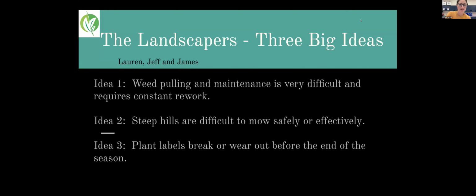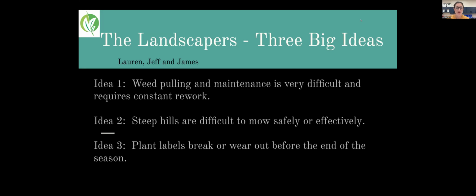Okay, I can share. So our ideas were weed pulling and maintenance is very difficult and requires constant rework, not getting the entire root, weeds just constantly coming back up after pulling.